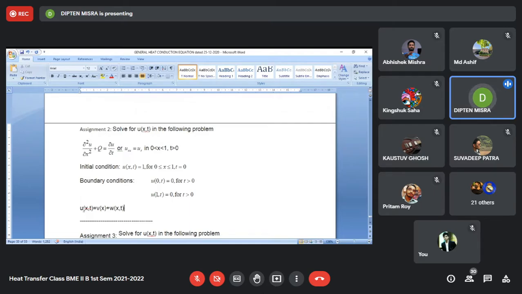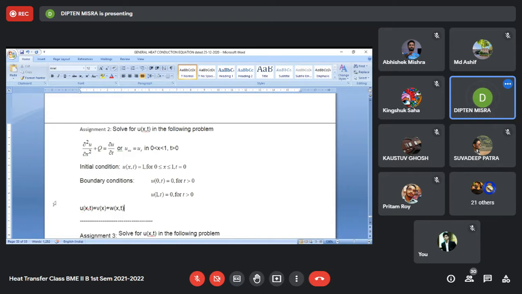And the problem for which we are seeking the solution, that is u as a function of x and time, we can write as an addition of two problems consisting of v as a function of x and w as a function of x and time.